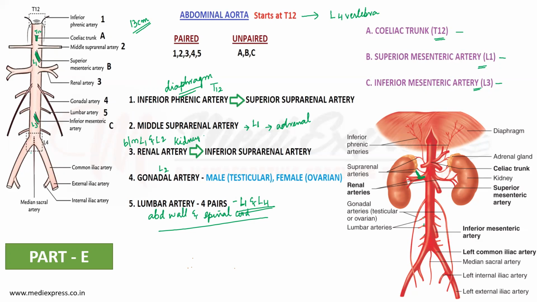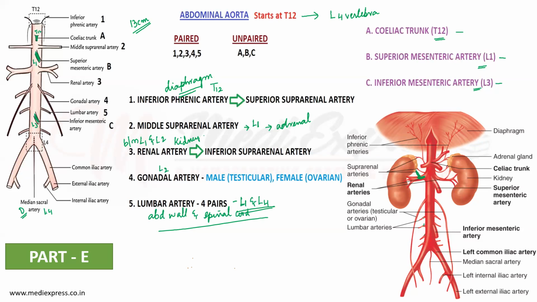One more thing you need to remember is an unpaired one, and that is the median sacral artery. See, it comes as just one line. It is unpaired and it arises posteriorly, that is behind, at the L4 level. It's already mentioned over here, L4 level.